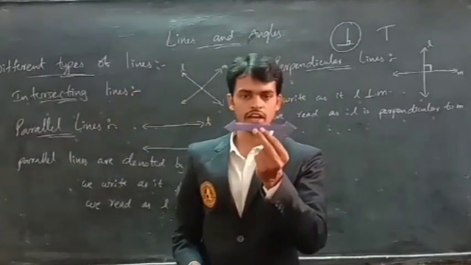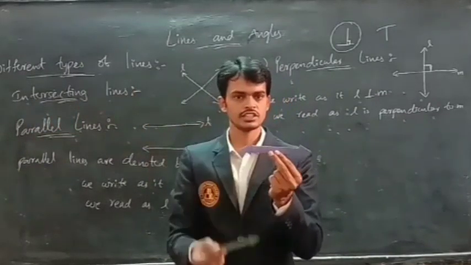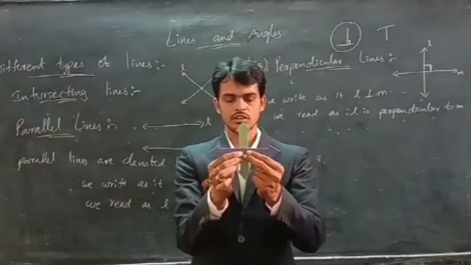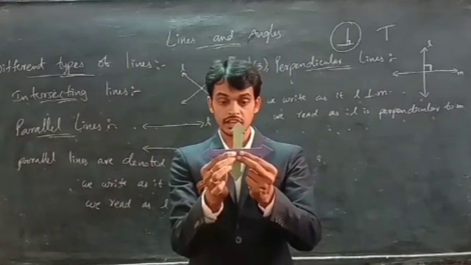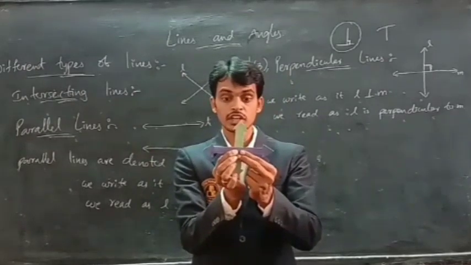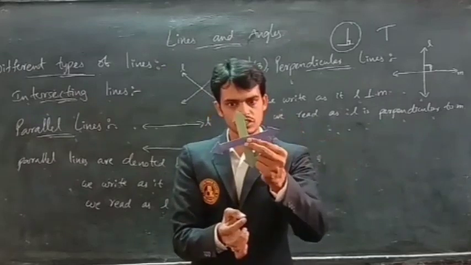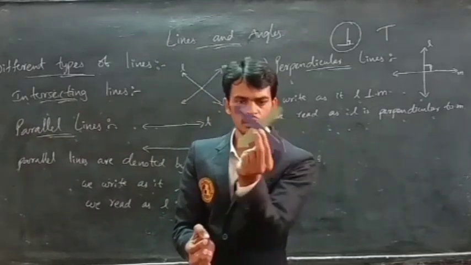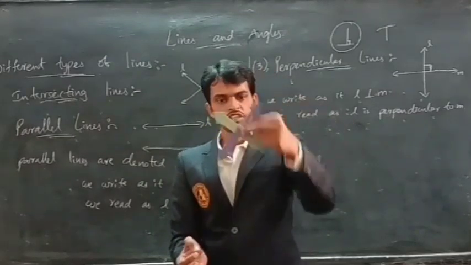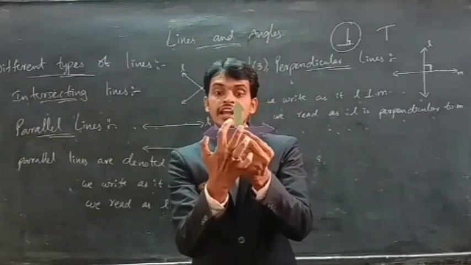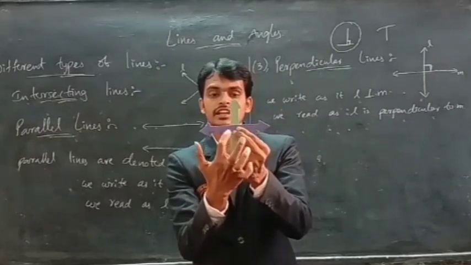Now look at these two lines again. This is one line and this is another line. Are they intersecting? Yes. Like this also, same, in all directions it is the same, at right angles.